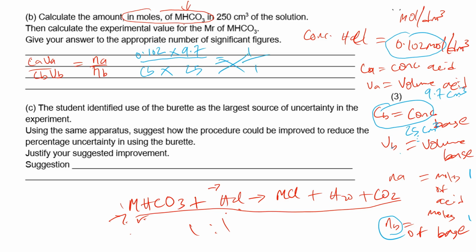If you cross multiply, your Cb will be equal to 0.102 times 9.7 divided by 25.